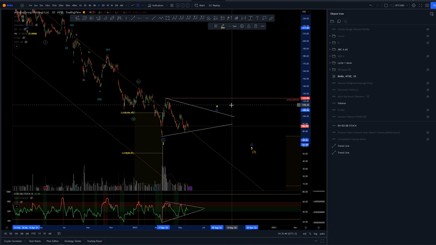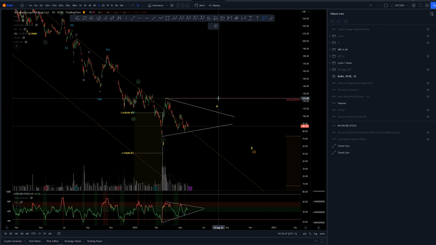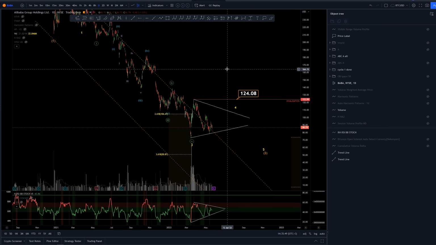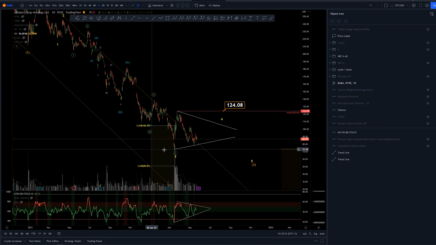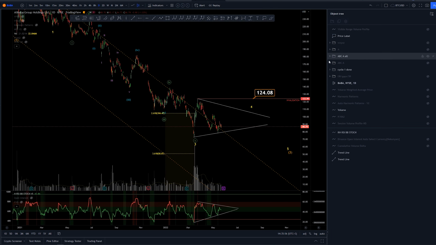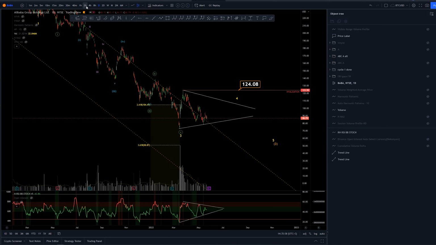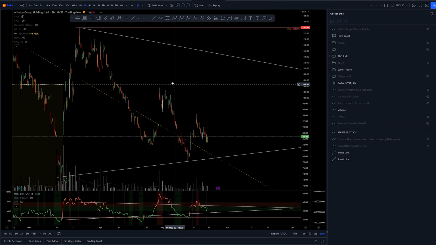Invalidation for this wave 4, at least for the triangle part, is here at $123. There is definitely some merit to saying that this whole structure is finished, but we'll look into that option in a bit. Now let's take a look at this a bit closer.